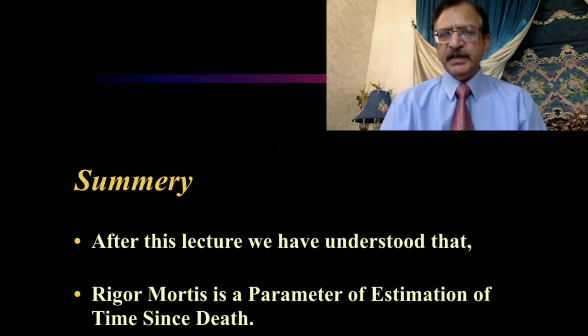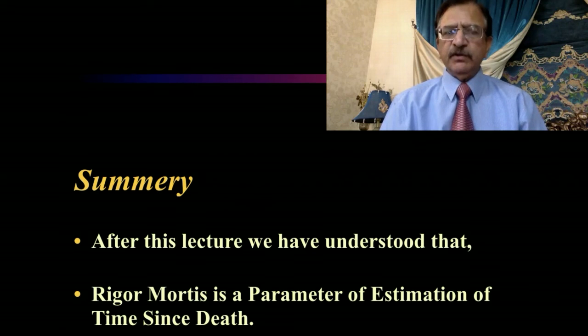If it is fixed, that means 12 hours have passed, and 24 hours can be fixed but not 36 hours, because it has passed over. So if the big toe is in full rigor, we can estimate a time of 12 to 24 hours.